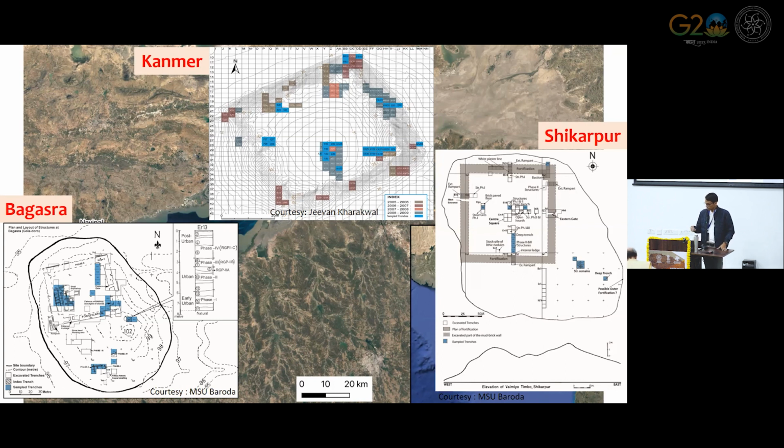These 3 sites are fortified settlements. At Shikarpur and Bagasra, settlements are there inside the fortification as well as outside. At Kanmer, the settlement was confined to inside the fortification. Maybe outside was also there, but there were no remains left.